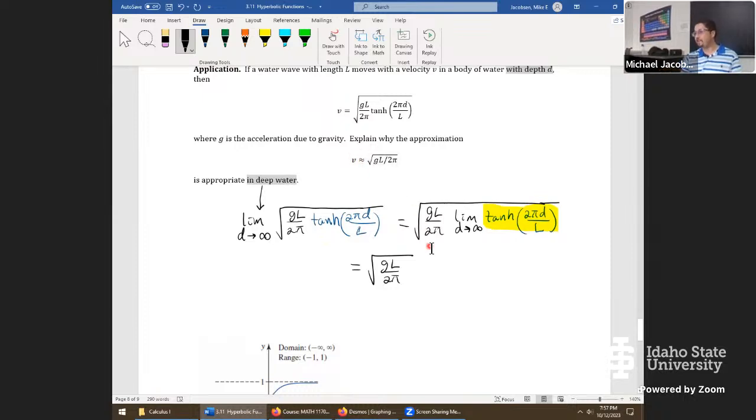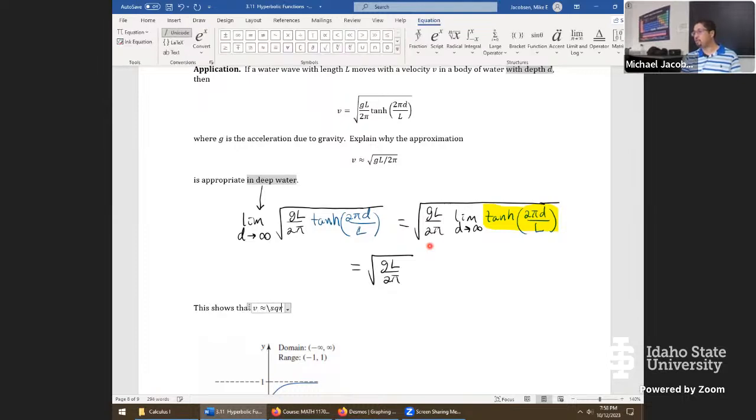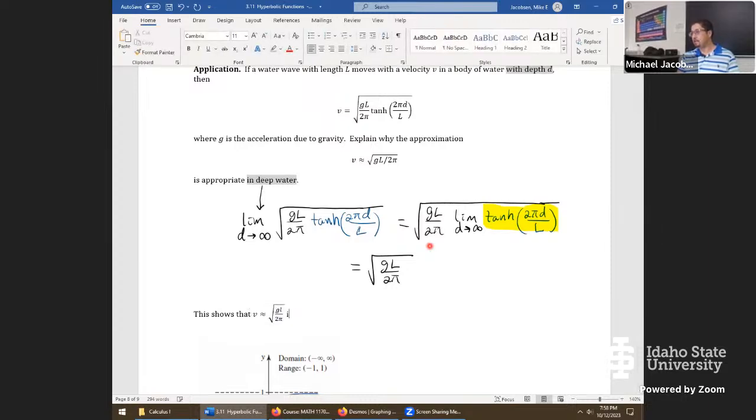We can say, just to tie it off, this shows that v is approximately equal to the square root of GL divided by 2 pi. That's harder to type than I thought it would be. 2 pi is appropriate.